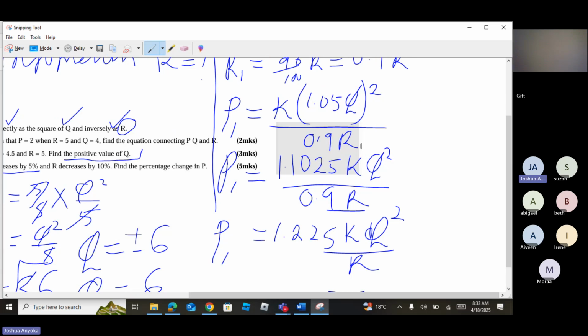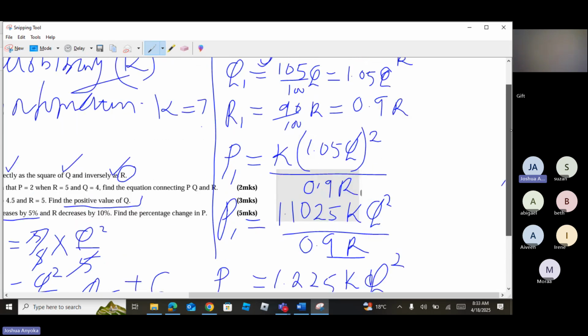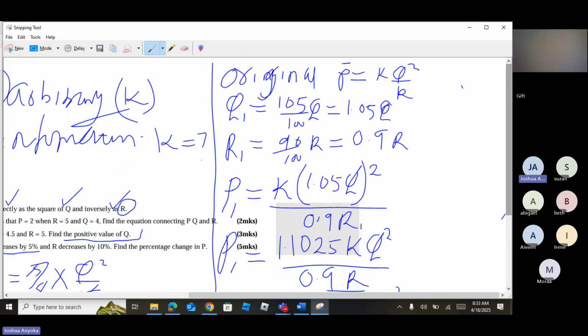The steps we are undertaking: we started by getting the original form of P. After the original form of P, introduce the changes. Q has changed by an increase of 5%, so it is 105%.